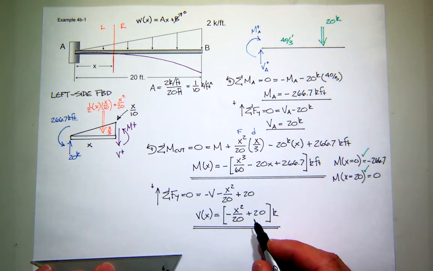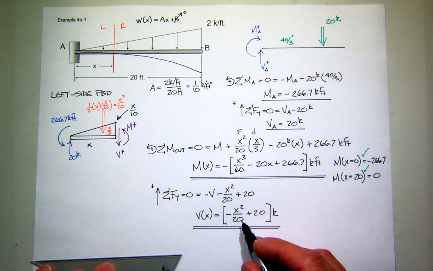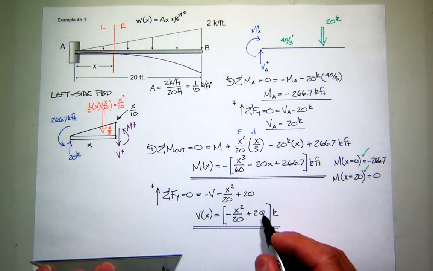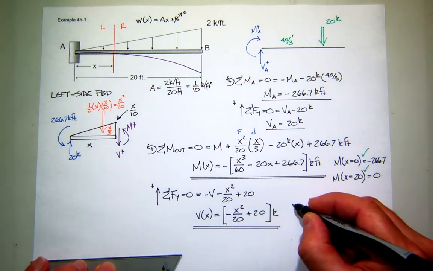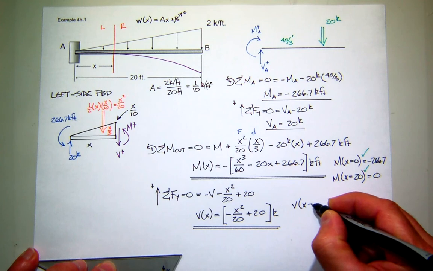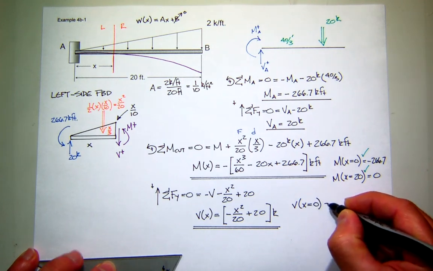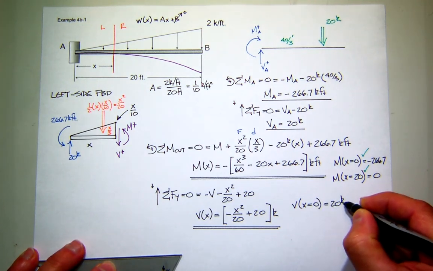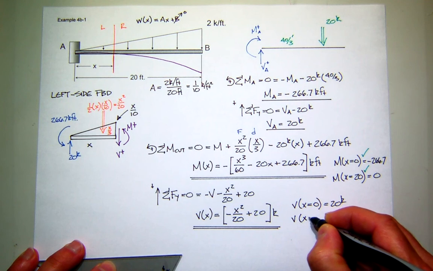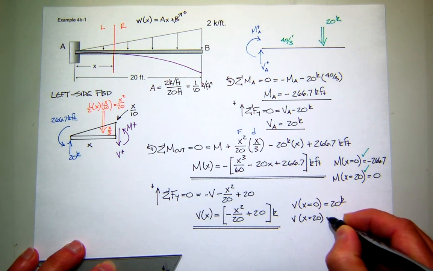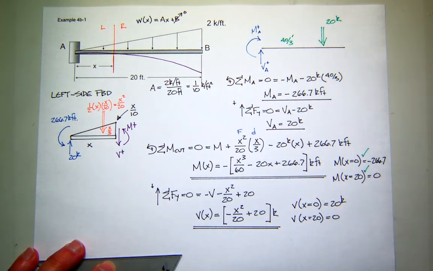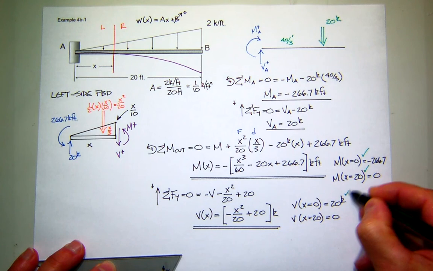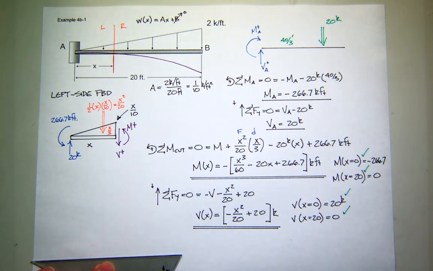So this just tells us the shear force at x equal 20 is 0. And if you put x equal 20 there, you get 0. So again, when we check our two conditions that we know, at x equals 0, it should be 20 kips, and at x equal 20, it should be 0. Both those things check. So I'm feeling pretty good that these are right.